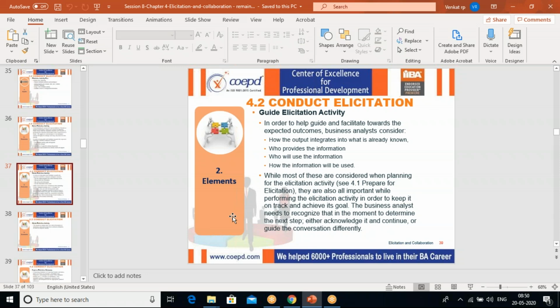This is all based on planning the illustration activity. What we have seen in planning the illustration activity, we have to work out on that basis.